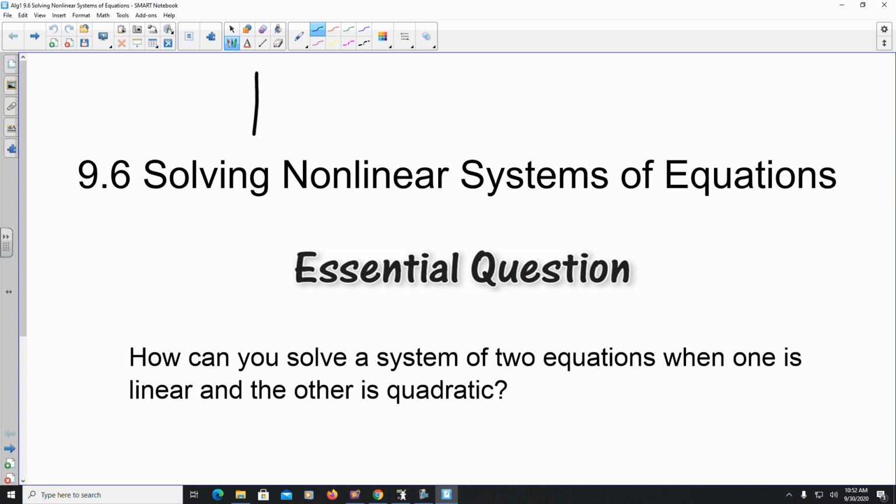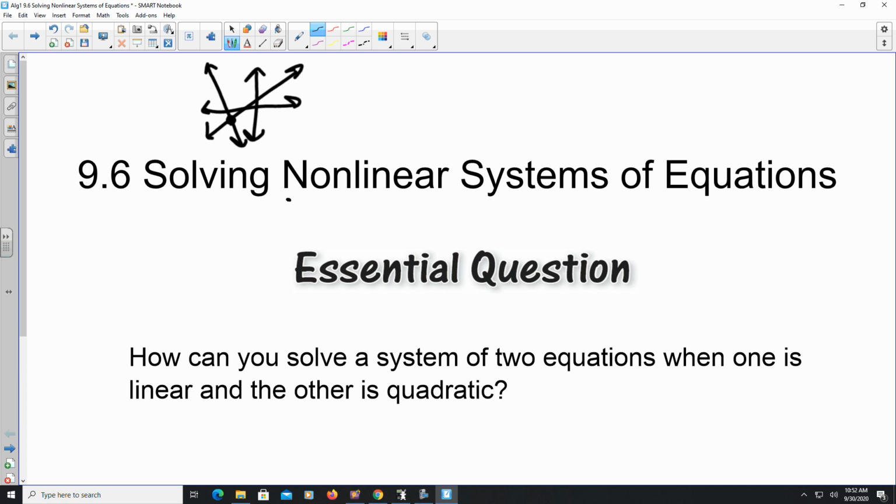So if I had my coordinate plane here and a line going like this, and the equation of my other line going like this, there's the intersection. The intersection is the solution to the system, right? It's where they both cross.